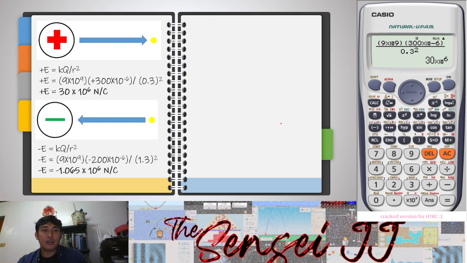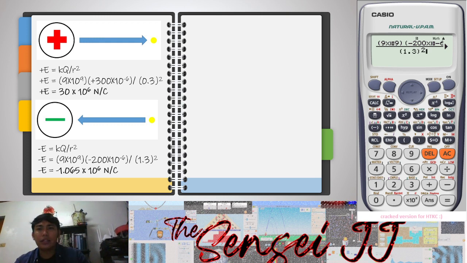While for our negative charge, the electric field will be negative E, which is 9 times 10 raised to 9 and negative 200 times 10 raised to negative 6 all over 1.3 squared.